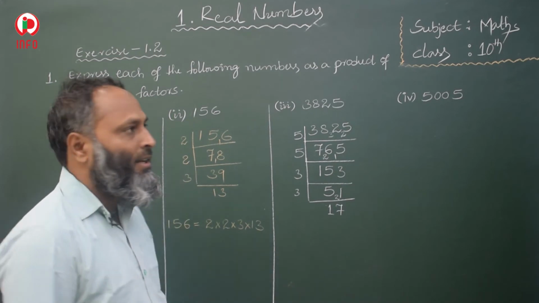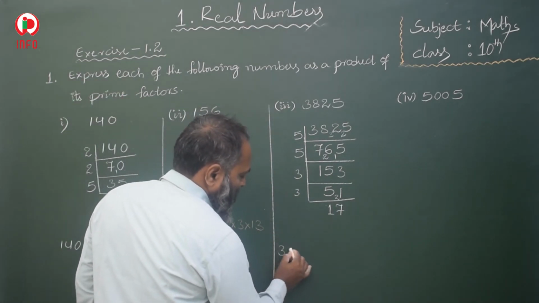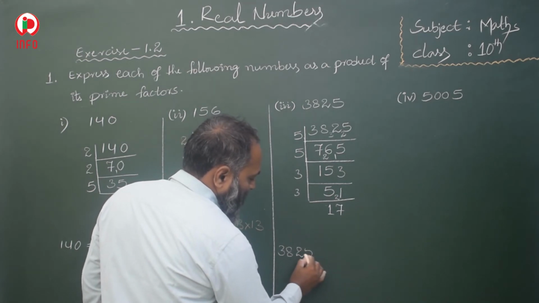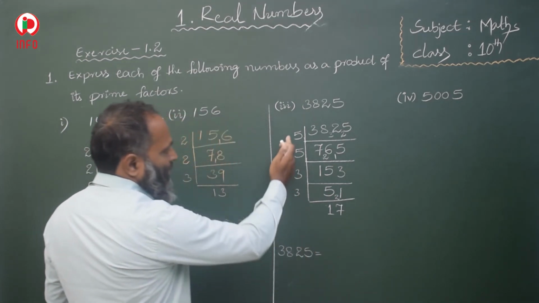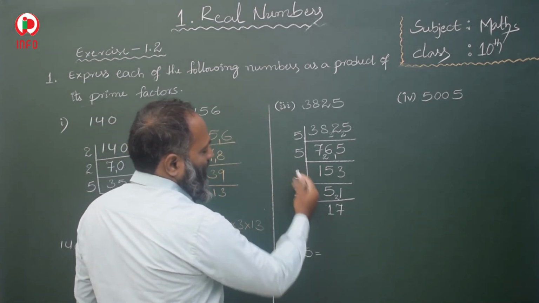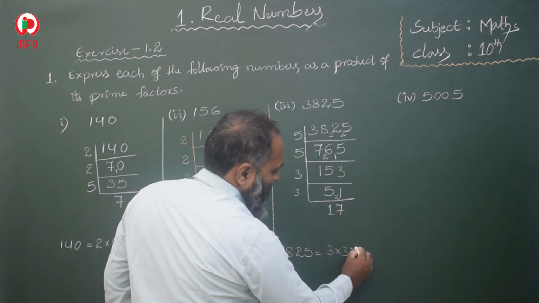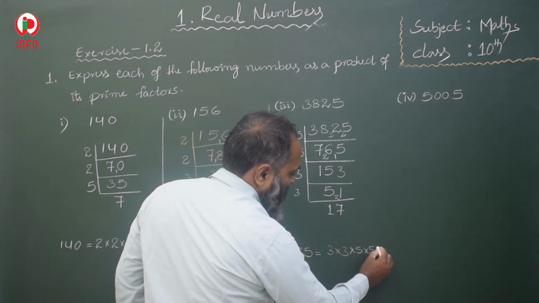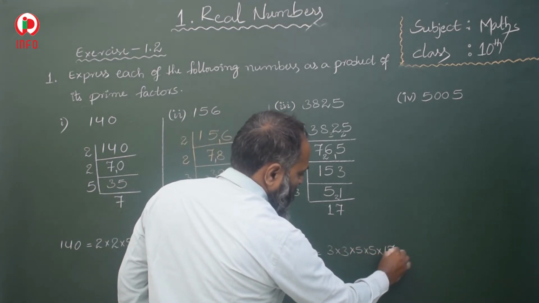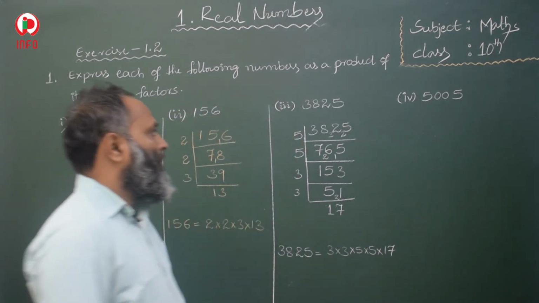Stop here. Now 3825 as a product of prime numbers is 5 into 5 into 3 into 3 into 17. First you write the smaller numbers, that is 3 into 3, then 5 into 5, after that 17. So this is the product of prime numbers.